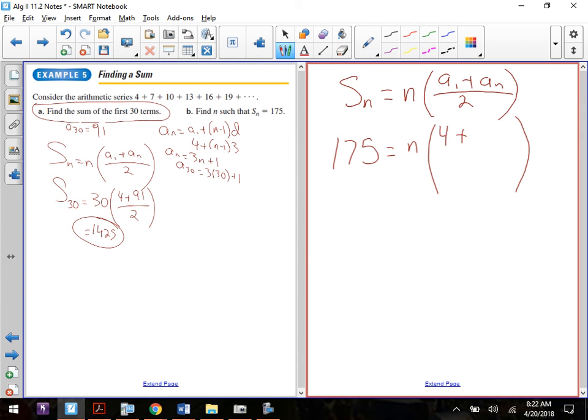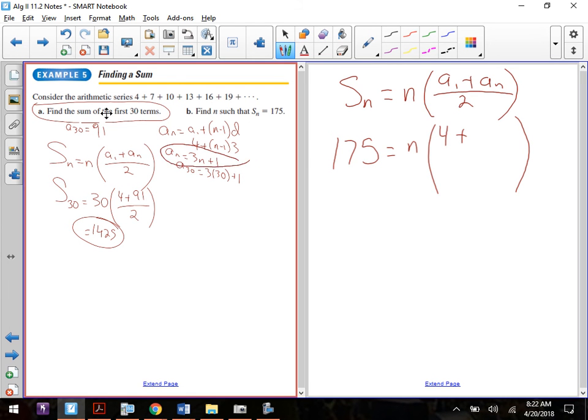That's the reason why I always have to write that out, so that way I know, because these types of problems are always going to come in 2 parts. Find the sum of them, find out how many you have to add up to equal. So you're always going to want to write out that rule for the nth term here, because you're going to reuse it.